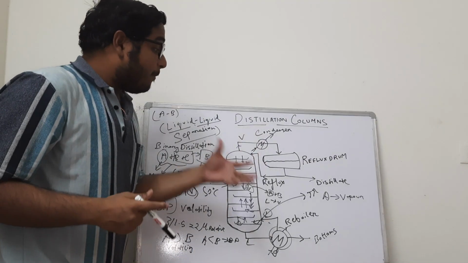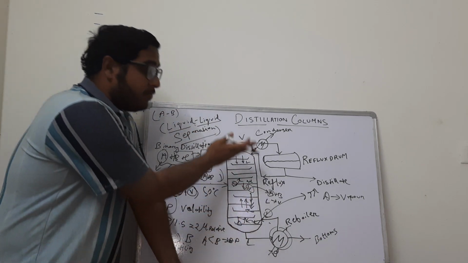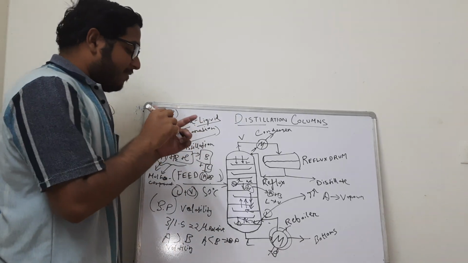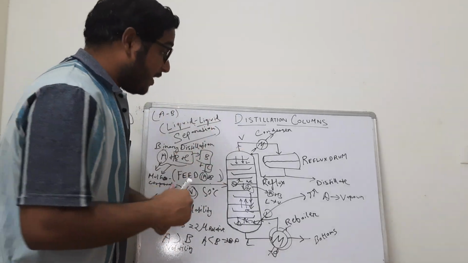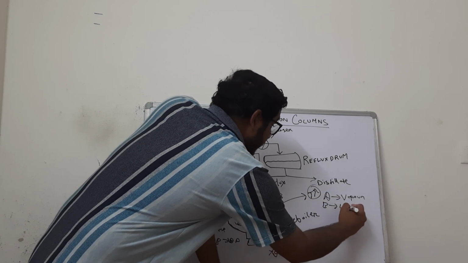So A primarily forms vapor, mixes into the vapor stream, and the vapor stream moves upward. Now what about B? B doesn't have a tendency to form vapor, and at this temperature it would like to remain primarily as liquid.